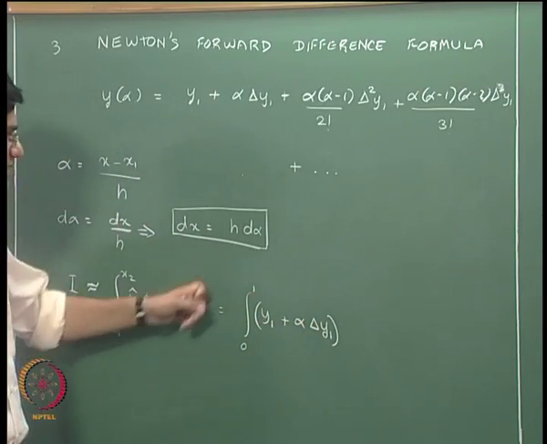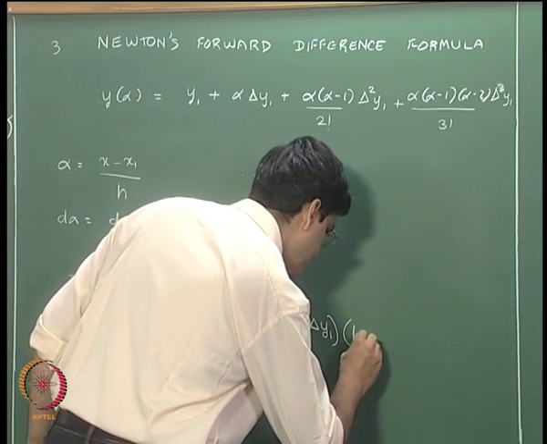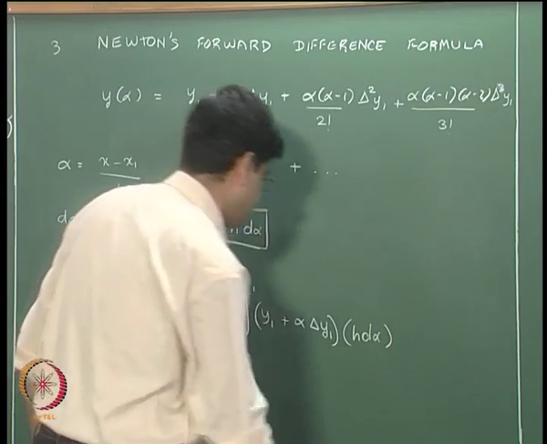multiplied by dx, dx is h times d alpha, okay.